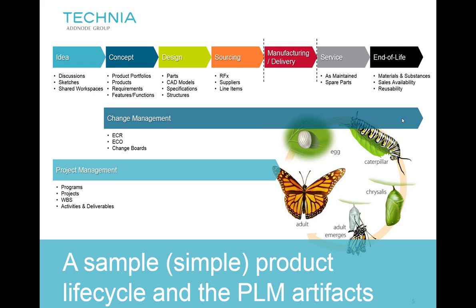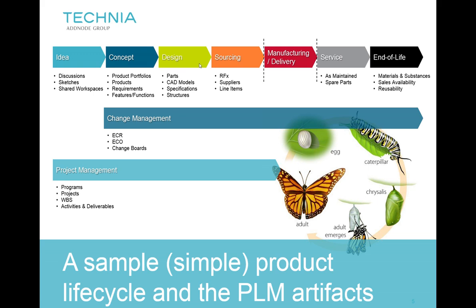And this image illustrates a bit clearer perhaps the design-related information. Now this is a very simplified product lifecycle and the various PLM types of information that are managed within those lifecycle steps. So if you look at the design phase, for instance, where the actual design work is being done, this is where the PDM tools were present back in the days, managing parts, CAD models, specifications, and structures.